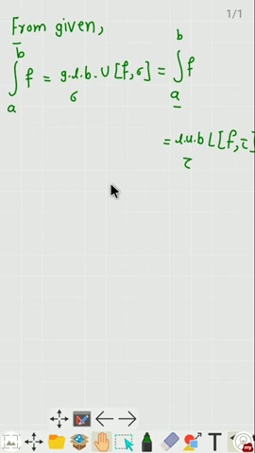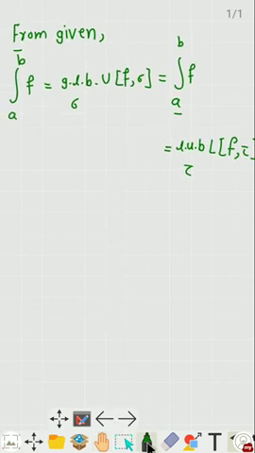Now let epsilon greater than 0 be given.